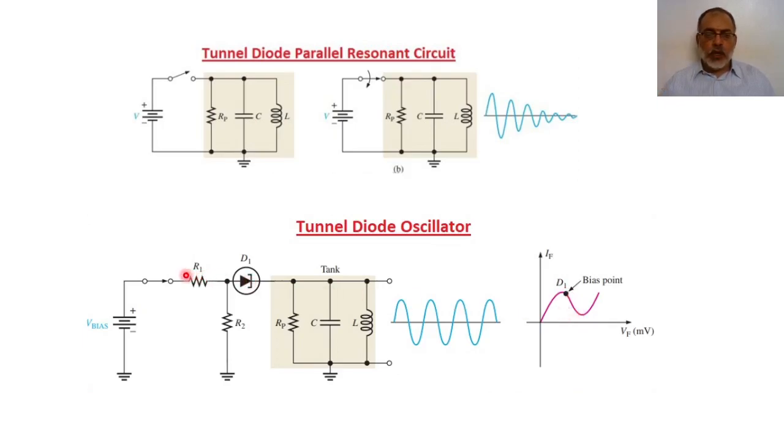So we should use a biasing network to adjust the IV characteristic of the tunnel diode to be at the beginning of the negative resistance region. In this case, the dynamic resistance or the AC resistance of the tunnel diode would be negative, which will compensate the power dissipated in the parallel resistance of this tank circuit. And in this case, we will have a continuous wave or a continuous oscillation.